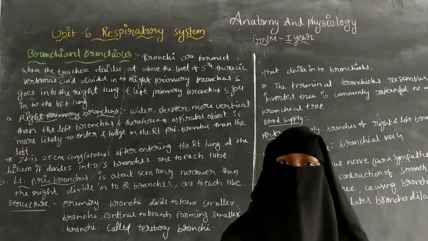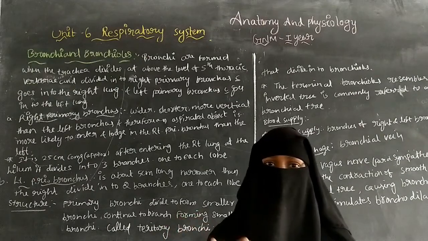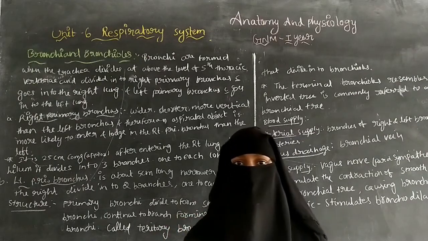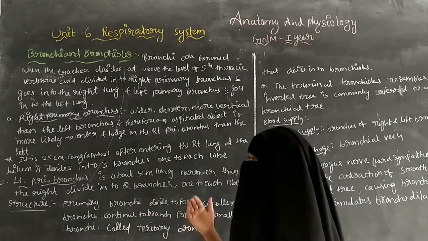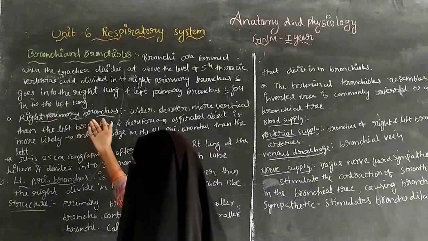The right primary bronchus enters the right lung and the left primary bronchus enters the left lung.